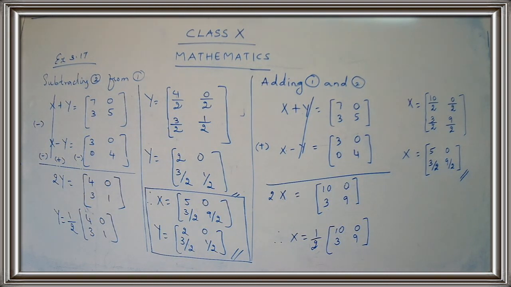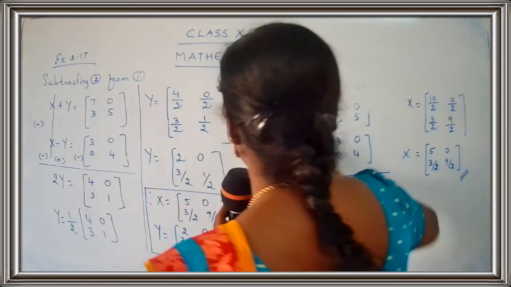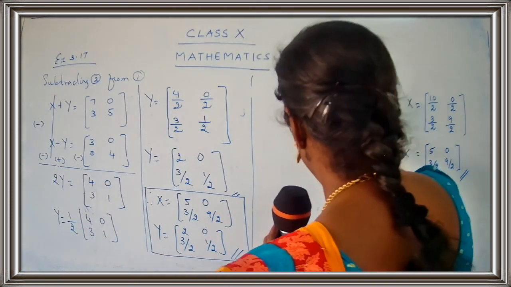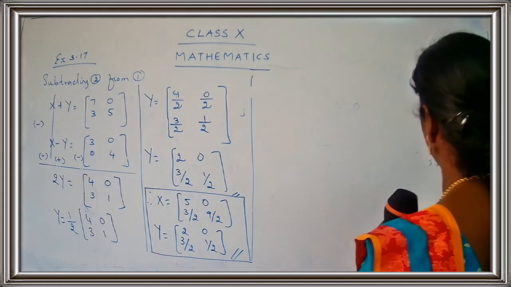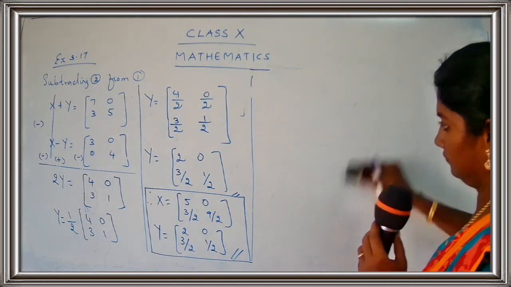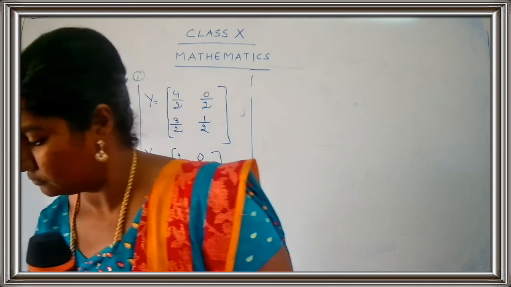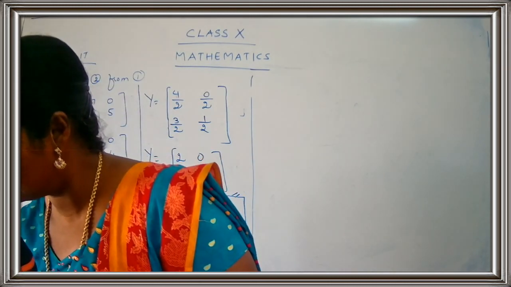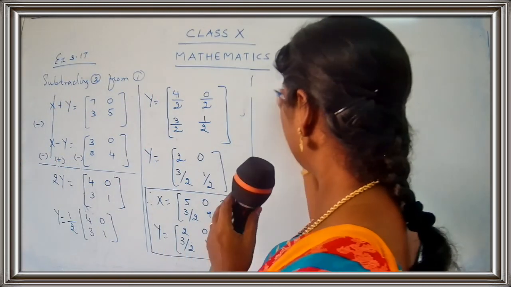Okay, children, let us go for the next sum. Now you are going to continue with question number 4. Take down question number 4. They have given a matrix over there. Yes, children, 2 matrices are given to you. Write down the matrix.